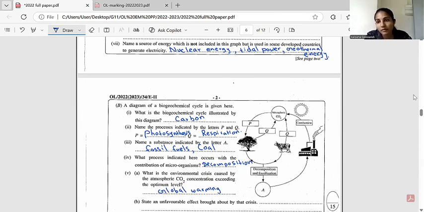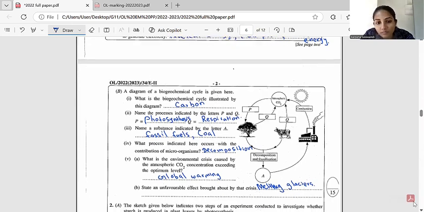Because of global warming, many other climatic disasters happen, like melting glaciers, sea level rise, floods, then tornadoes, like that. If you want to write only one, we can write melting glaciers. Melting glaciers. Okay.